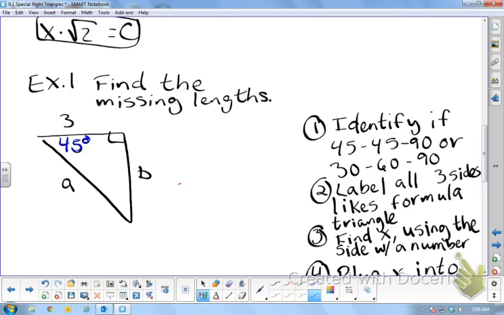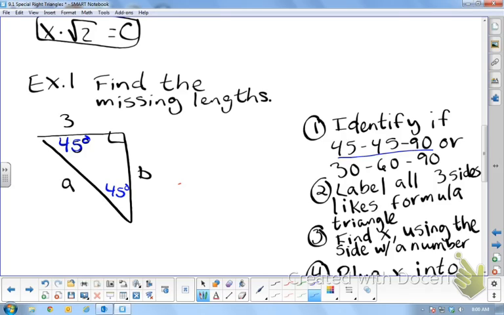So maybe I just drew the picture a little bit funny, but we know inside it's a 45 degree and a 90 degree. So what's this last angle have to be? 45. So on this particular problem, we're using the 45, 45, 90.